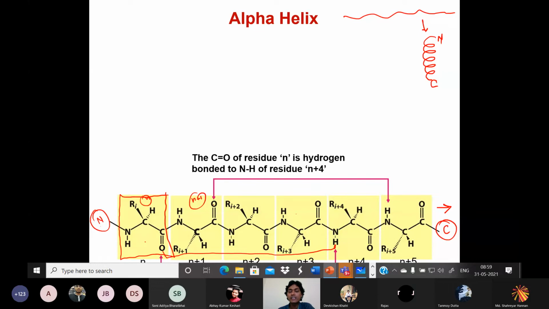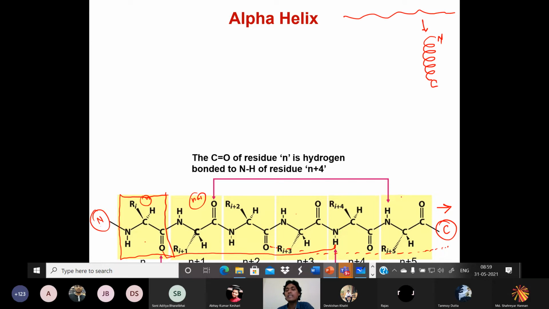See, again in the next amino acid here, you again have the oxygen group, CO. This oxygen will form again a hydrogen bond with this NH group. Again this one will form a hydrogen bond with the next one, which I didn't show here. So that way, a specific order of hydrogen bonding will continue.